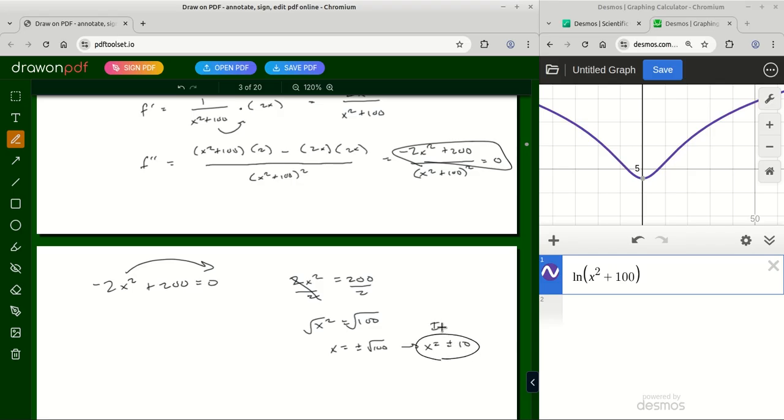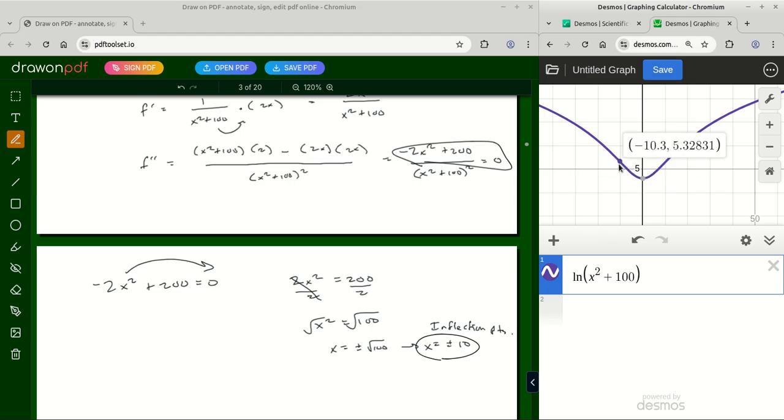So these are my inflection points, and they're going to be the answer for part I in just a second. Essentially here at negative 10, let me see if I can get close there. Don't look at the numbers. Look at where I have this bowl up versus the hill down.